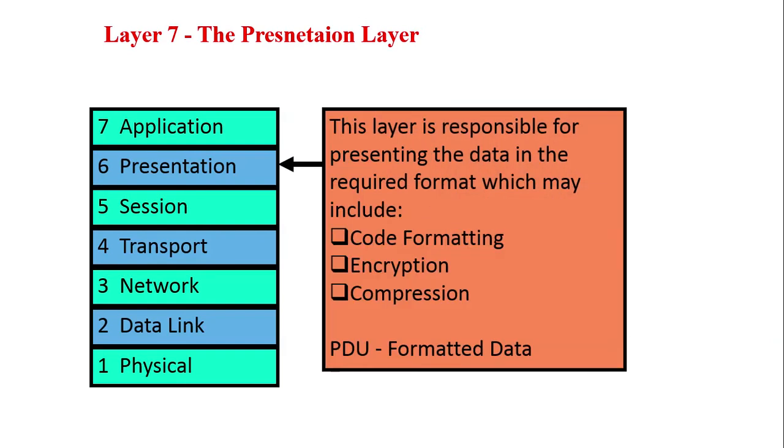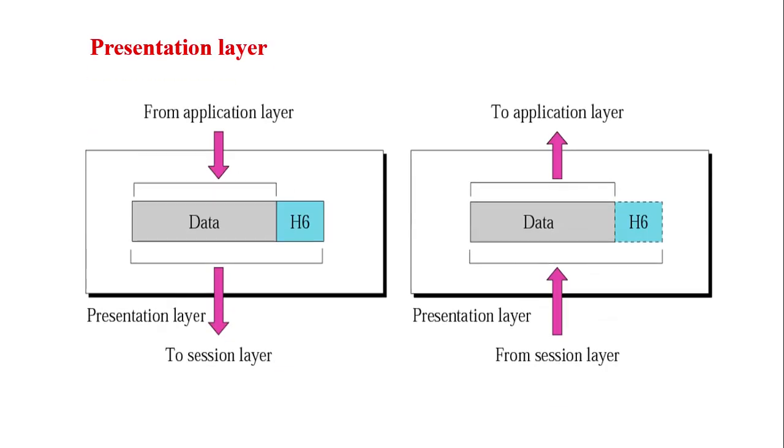In short, I can say that this layer is responsible for presenting the data in the required format, which may include code formatting, encryption, and decryption. So here we can see an example of the presentation layer. Device A wants to send data to device B, but before sending, device A or the software in device A converts the data into ASCII format.